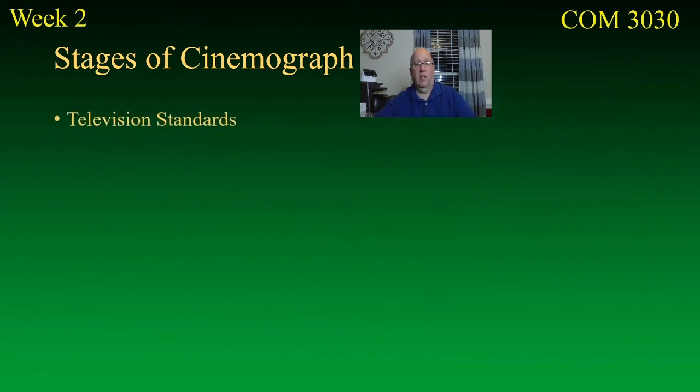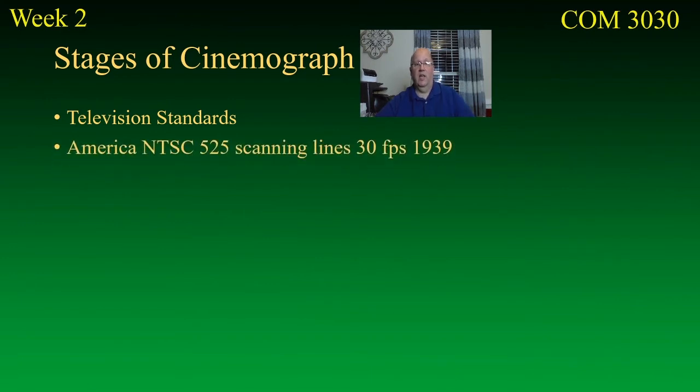Okay, television standards, real quick, because this was important to the development of television, and it's important that you understand because it's still a problem to this day. In 1939, once again, America created a television standard known as NTSC, which operates with 525 scanning lines at 30 frames per second.